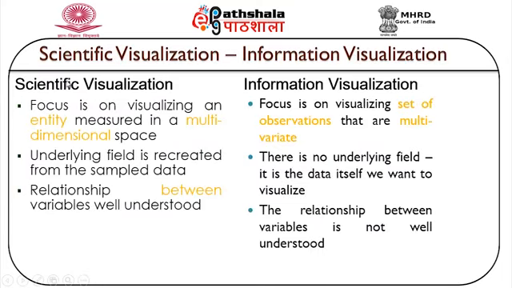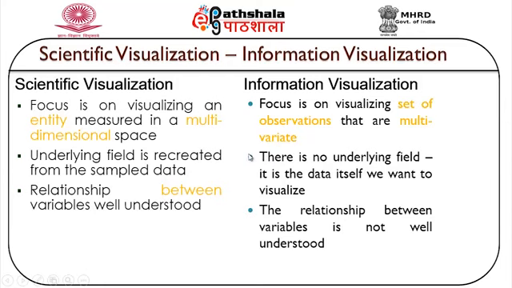If you look at the pros and cons of scientific and information visualization, in scientific visualization the focus is on visualizing an entity which is measured in a multidimensional space, whereas in the case of information visualization the focus is on visualizing the set of observations which are going to be multivariate in nature. In scientific visualization we can see the underlying field is recreated from the sampled data, whereas in information visualization there is no such underlying field. It is the data itself that we want to visualize.